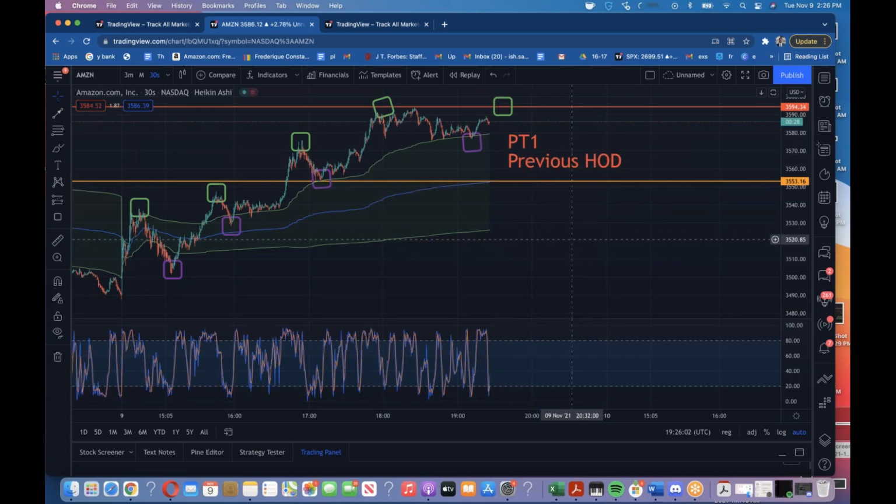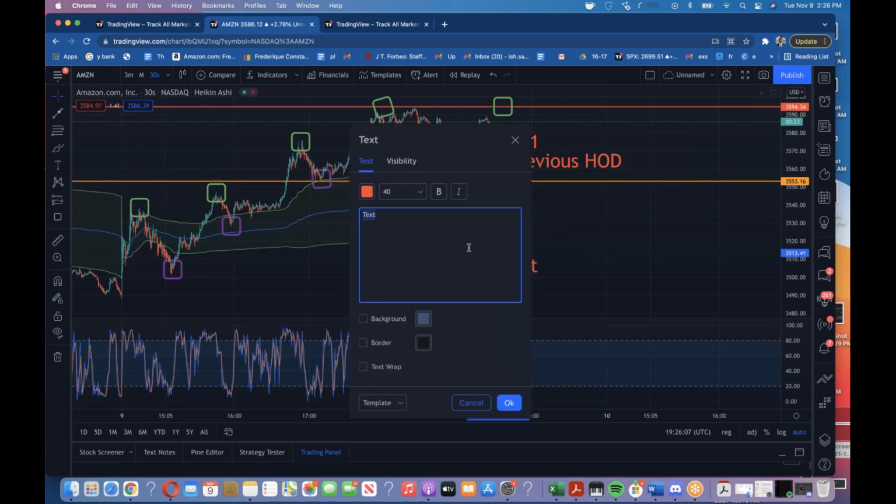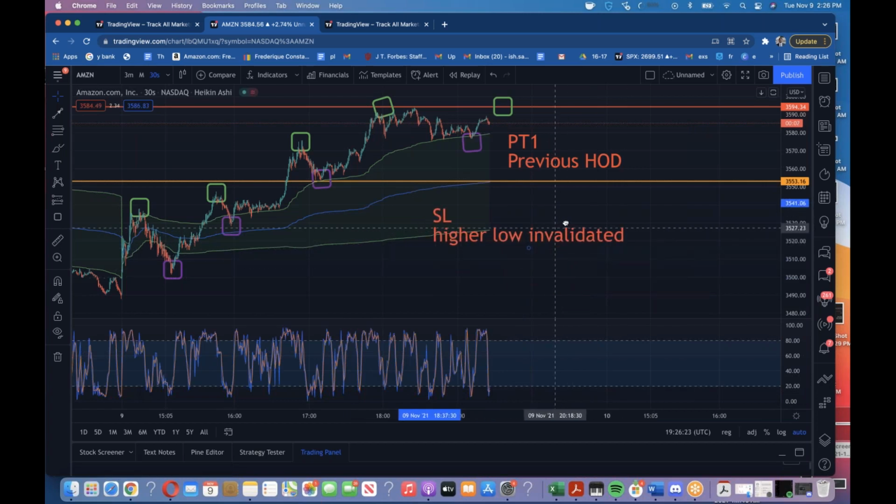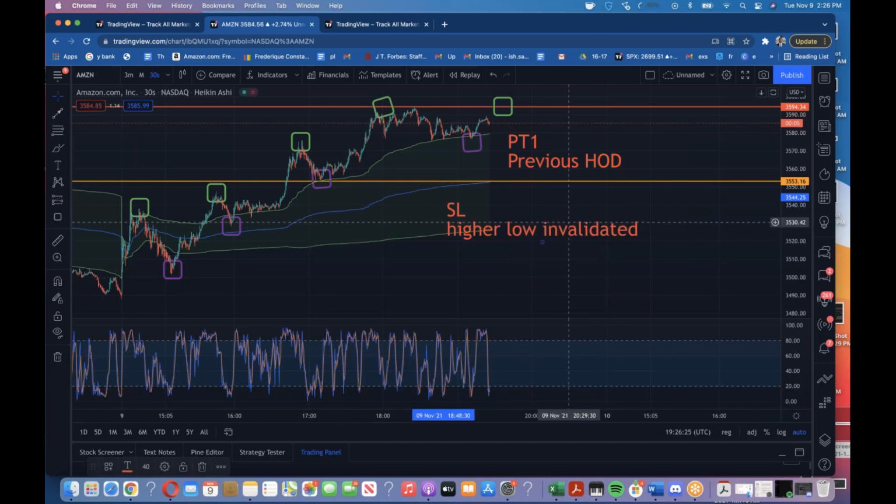If we were to get in the stock right now, maybe I can even put on the stop a little bit. And then stop loss is when higher low validated. Okay. And I just want to put this here on the screen for you guys so you can see properly, just maybe for the recording as well.